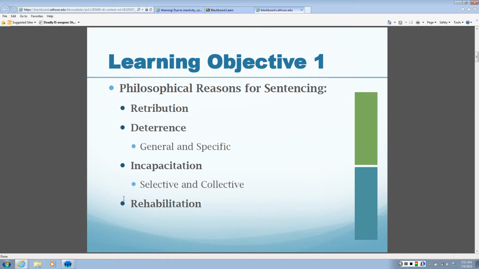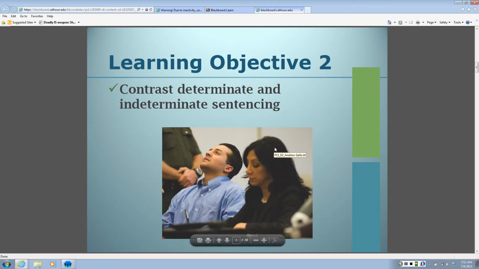But actual efforts at rehabilitation, as far as actually trying to prepare somebody to re-enter society, are fairly new. So those 4 things here are your philosophical reasons for why we punish people, why we sentence people to prison. And hopefully that makes sense to you.